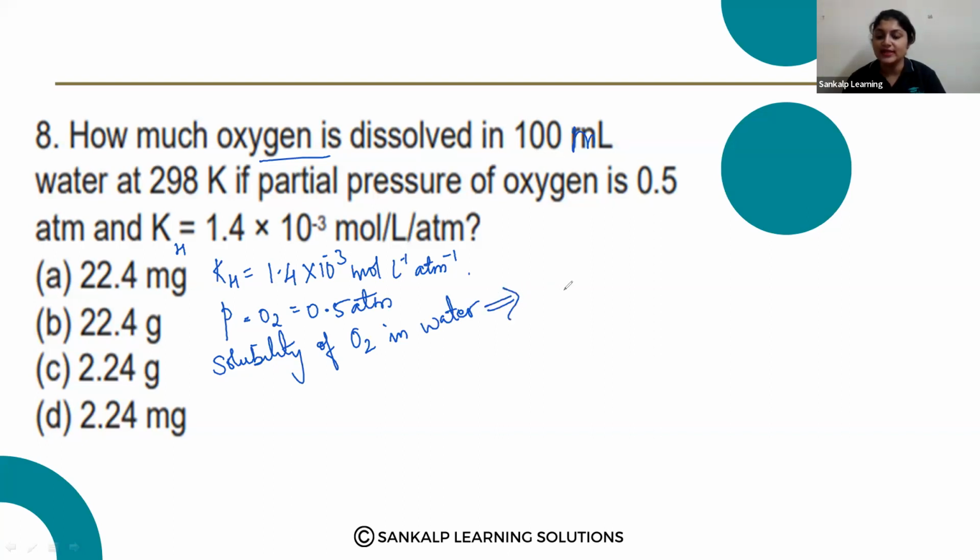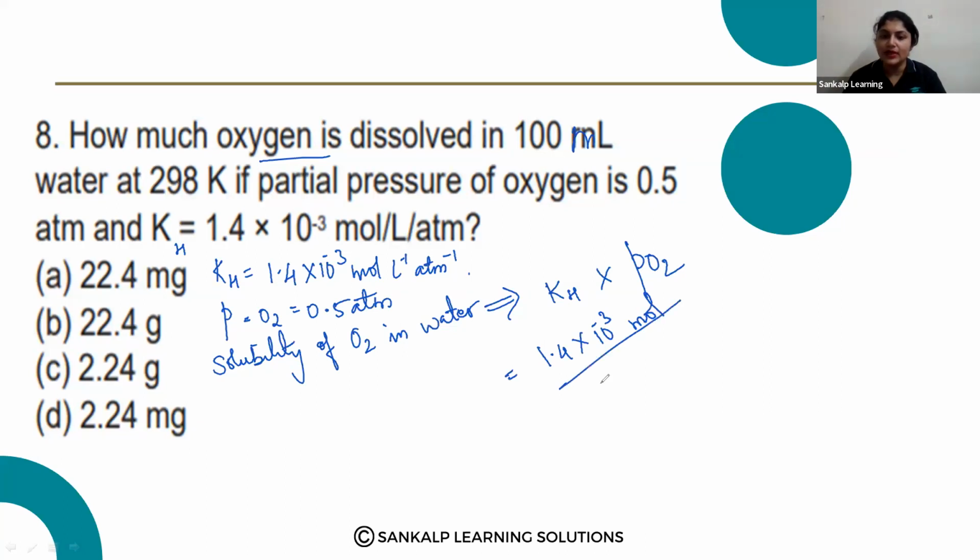So it is given as KH into partial pressure of O2. The solubility of oxygen in water is calculated as KH, that is Henry's constant, into the partial pressure of O2. Henry's constant is 1.4 into 10 raised to minus 3 mole per liter per atm.